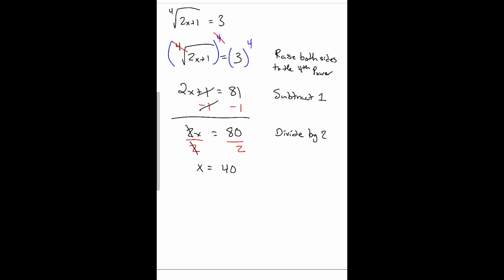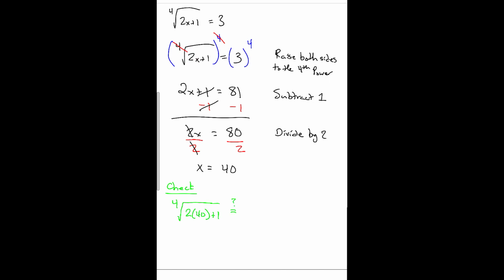Now, one thing you definitely want to get into the habit of is going back and checking your answers. It's always a very good habit. So if we plug in 40 for x into our original equation, that means we have the fourth root of 2 times 40 plus 1.